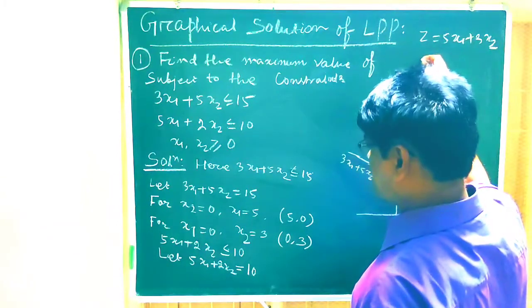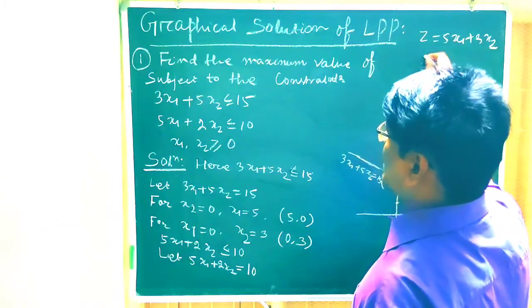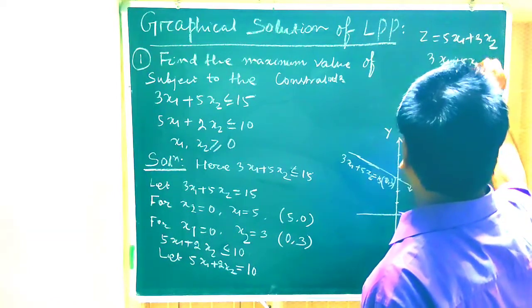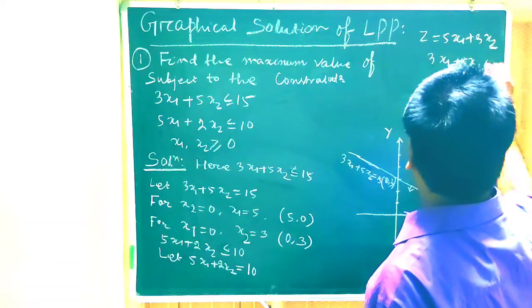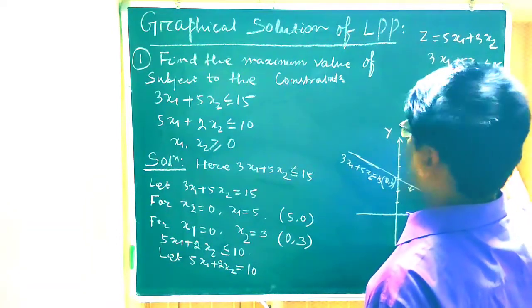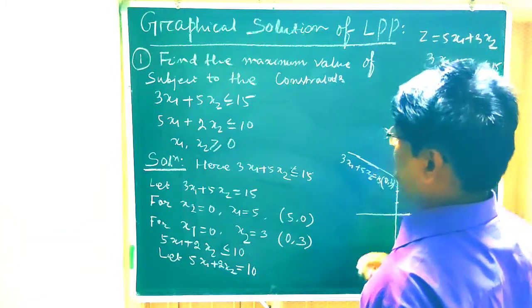So z is equal to this much and we have 3x1 plus 5x2 less than or equal to 15, 5x1 plus 2x2 less than or equal to 10.